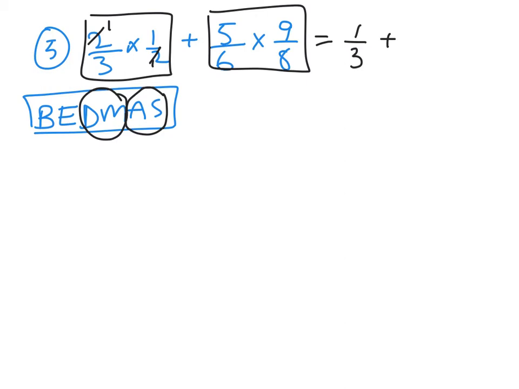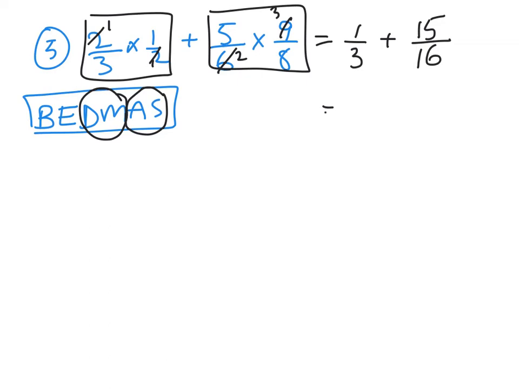And the second one, we've got 5/6 of 9/8. So let's take a look here. We can divide these two by 3. And now we get 5 times 3 is 15 over 16. We've got one more step to do. We have to use the skills from the earlier video on adding fractions.